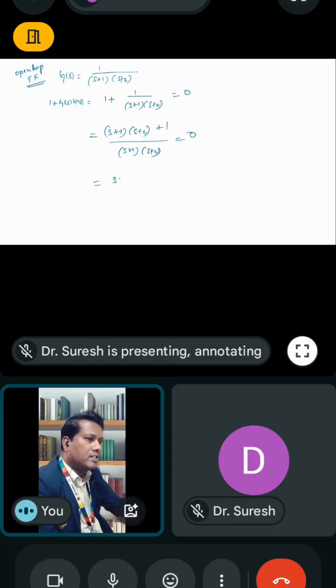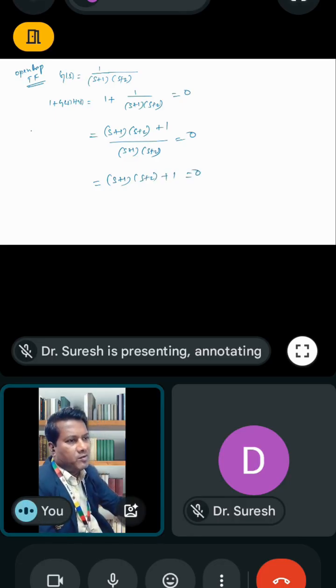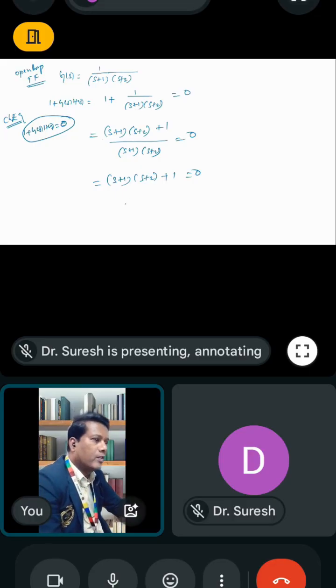So finally, s plus 1, s plus 2, plus 1 equal to 0. The characteristic equation is the denominator of the closed loop system equal to 0. So now s squared plus 3s plus 2 plus 1 equal to 0.